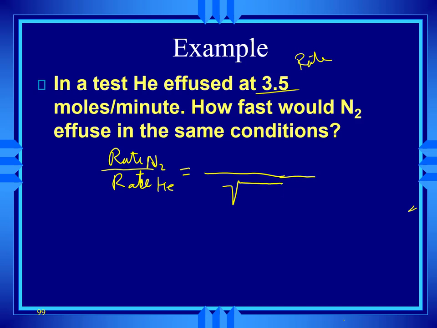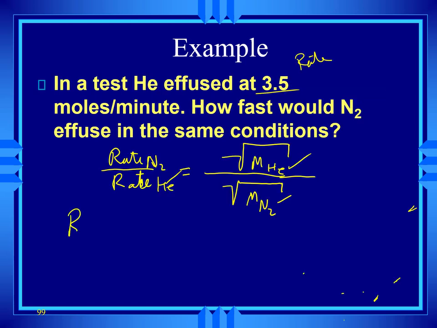And that means it's going to be the molar mass of nitrogen on the bottom, inverse, and the molar mass of helium on top. Now, the molar masses I can get from the periodic table. So I know this number and this number, so I can find the rate of N2.